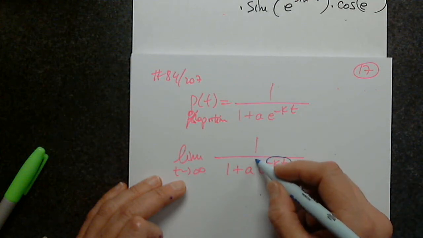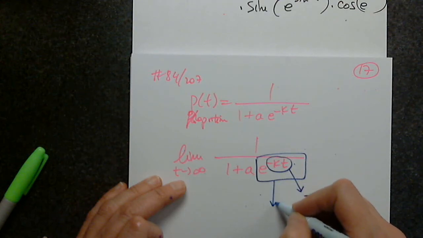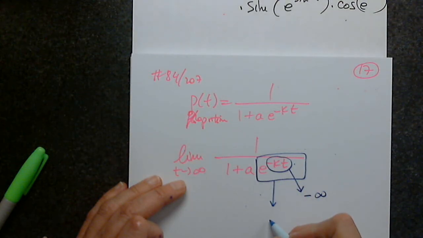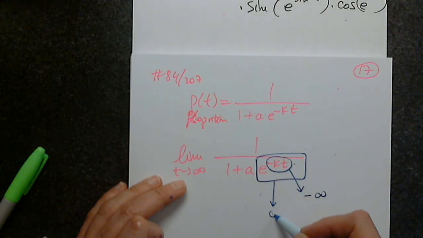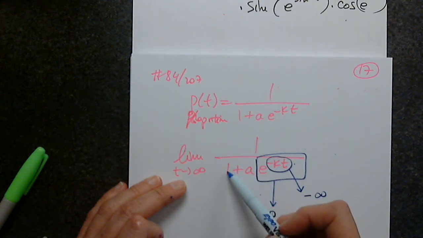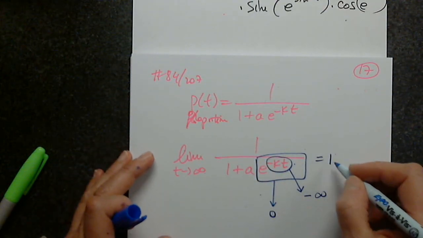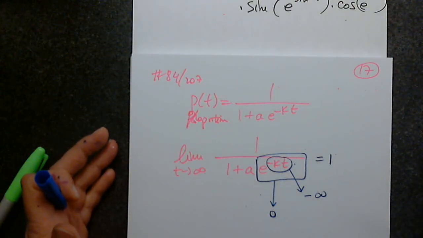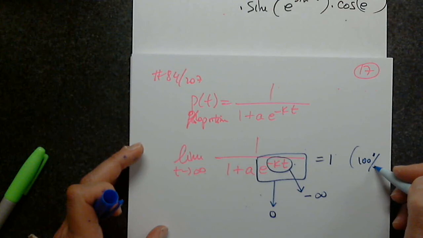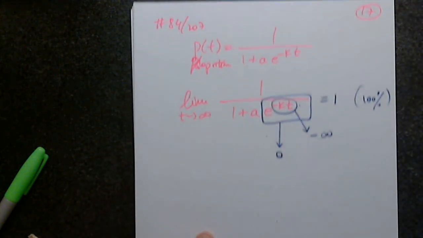Good. Where is this going? So e to negative kt goes to 0, right? How much is a times 0? And how much is 0 plus 1? How much is 1 over 1? So 1, or 100%. Everyone will hear as time goes to infinity.